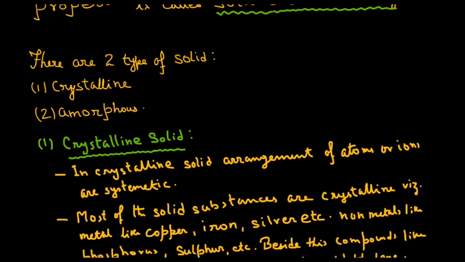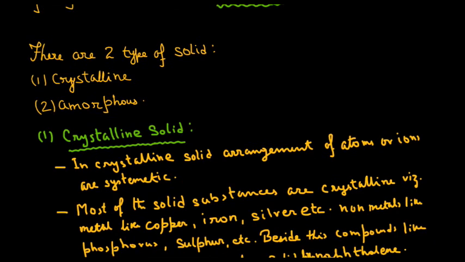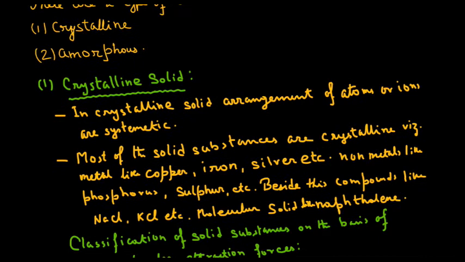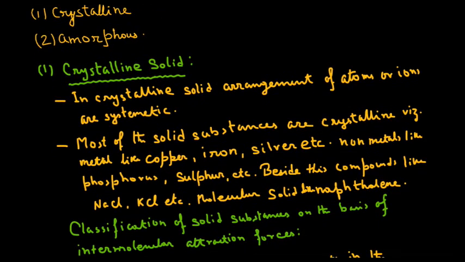There are 2 types of solids. First, crystalline solid, then amorphous solid. We'll learn more detail about this too, but for now, we should know about crystalline solids. In crystalline solids, the arrangement of atoms or ions is systematic.